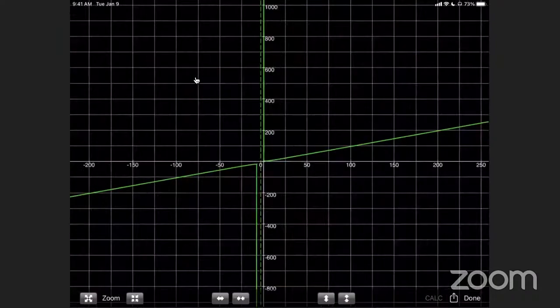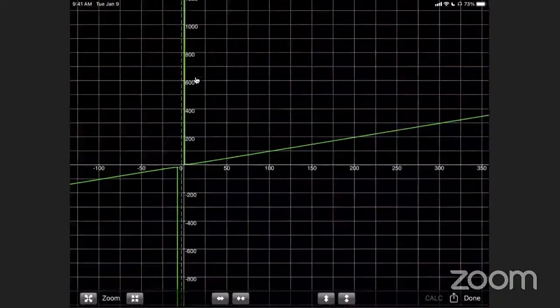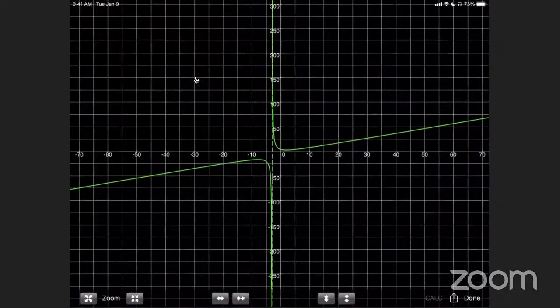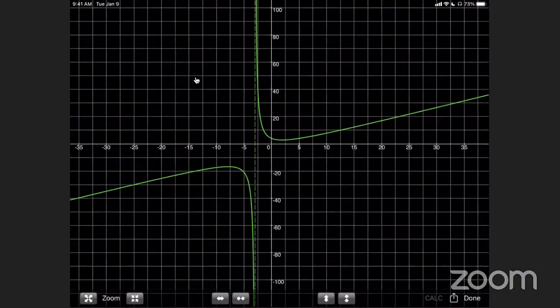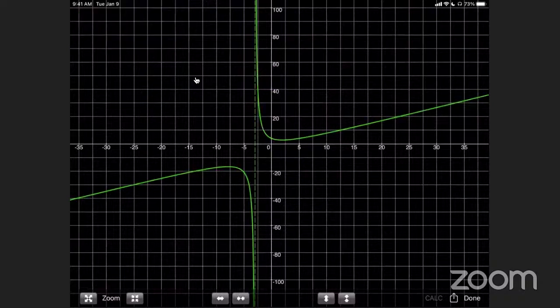So there's a slant asymptote. If you zoom out, you can see it better. You haven't really learned how to find that yet, so I'm not going to talk about how to find that. But basically, when you're approaching -3 from the right side, the values are getting bigger and bigger, so it's going to positive infinity.